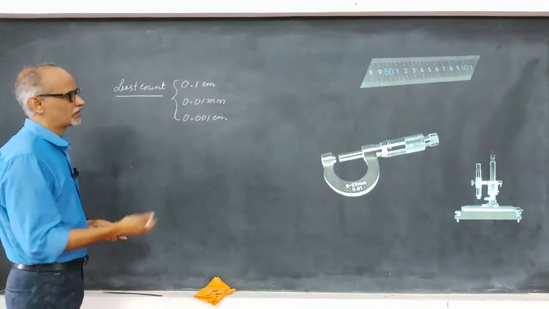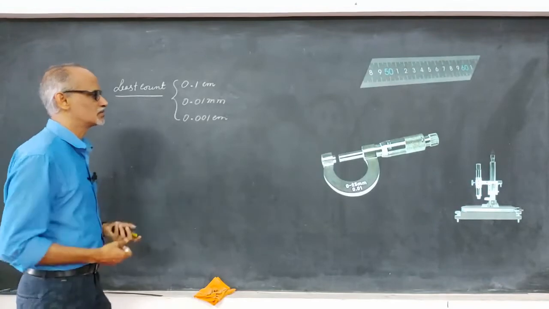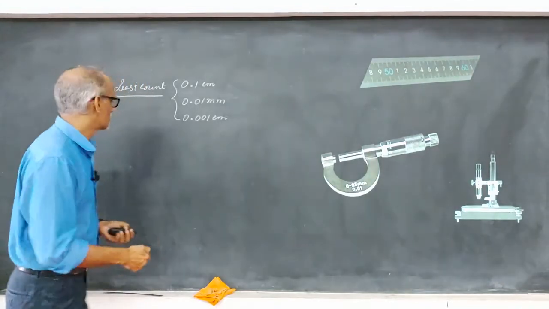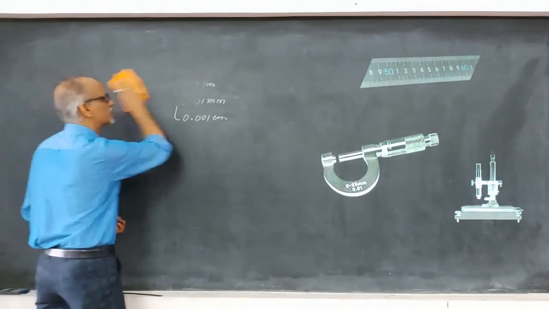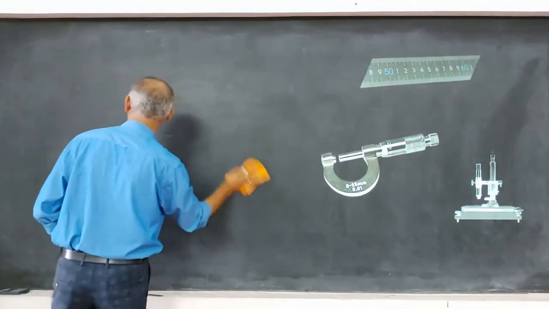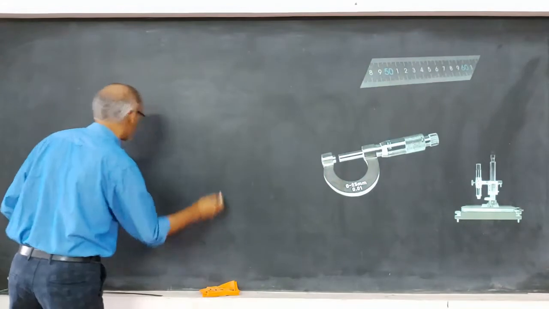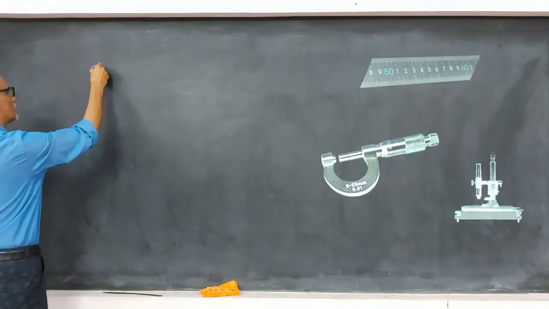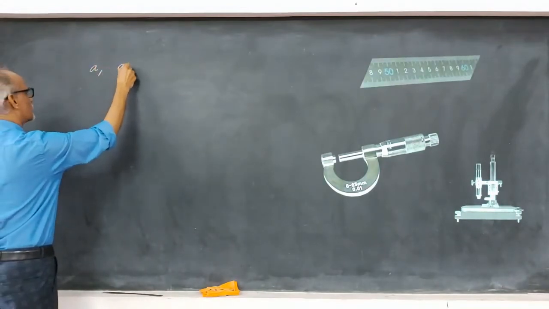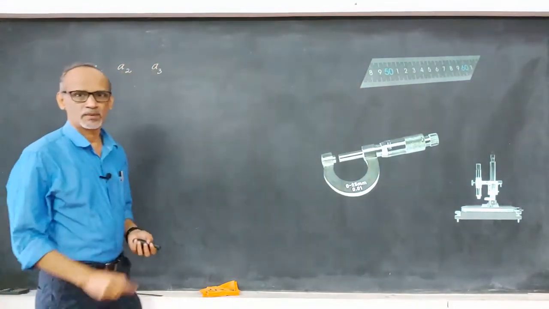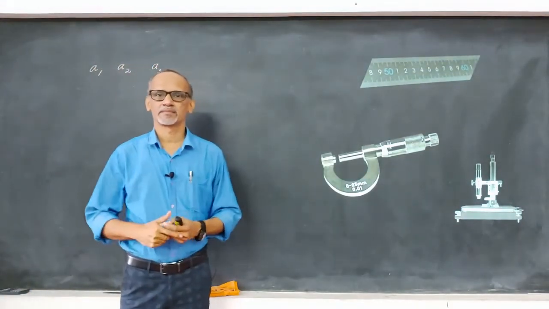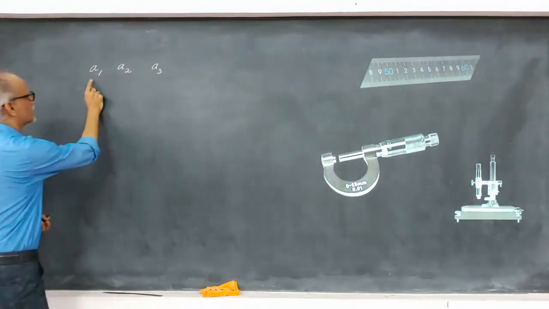So, with the help of all these devices, I am going to do the measurement. Let me take some example here, so that you can understand what exactly we are going to measure. With the help of the various devices, I am going to take different readings. I will use one device, and then I will measure the length.